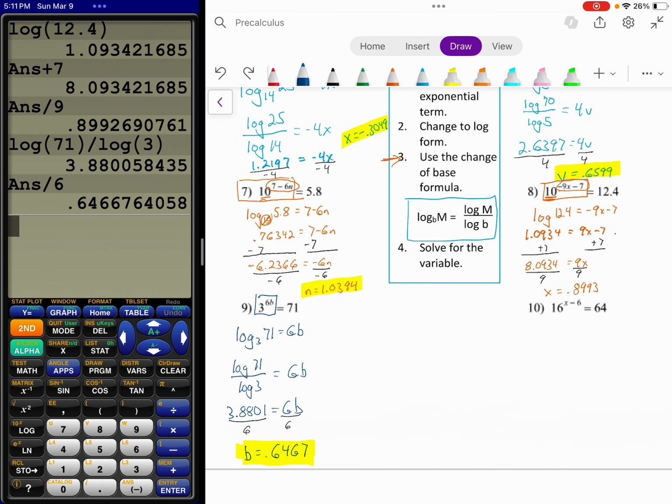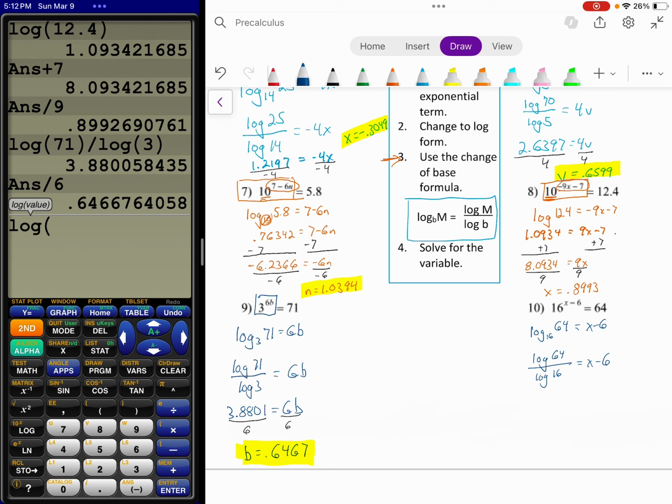So the exponential term is already isolated, so we'll change to log form. So log base 16 of 64 equals x minus 6. We've got our change of base formula, so we can write the log of 64 over the log of 16 equals x minus 6. And so we're going to come to our calculator, we're going to plug that in, and you'll see that we're actually just going to get a whole number, or an easier number to work with, maybe I should say.